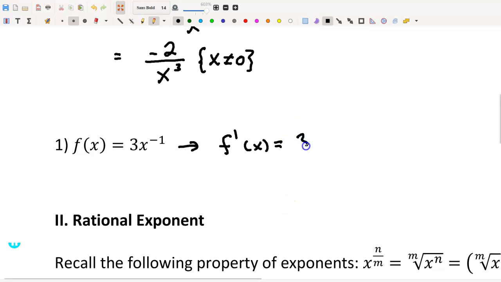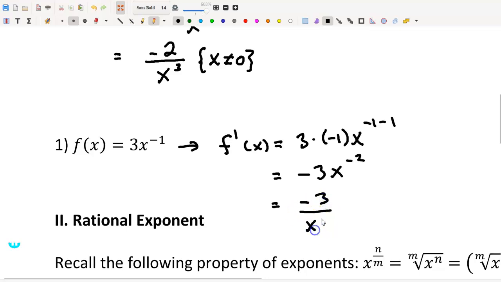So we'll have 3 times negative 1 times x to the negative 1 minus 1. Negative 3 x to the negative 2, which is negative 3 over x to the 2.